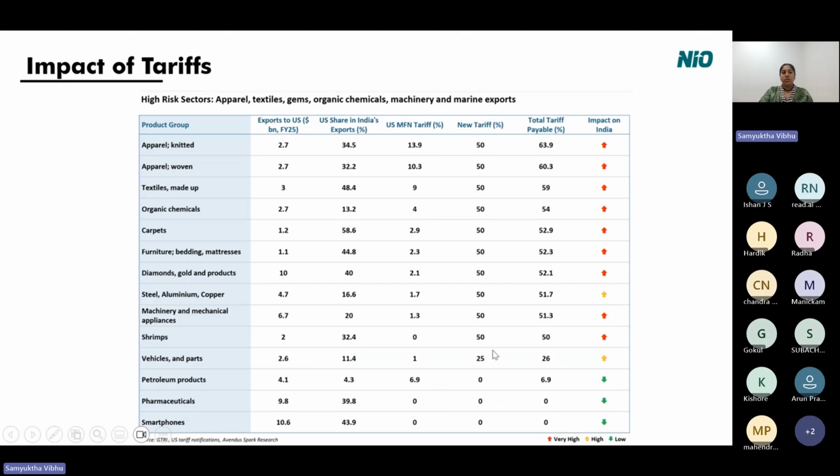If you want to look at some of the other items, like furniture or gems and jewelry, again here your previous tariff was around 2%, and now you're jumping to 52%. That's a huge change in terms of how much tax a US consumer is going to pay for your goods, and that will make your goods sort of unviable to sell in that market.